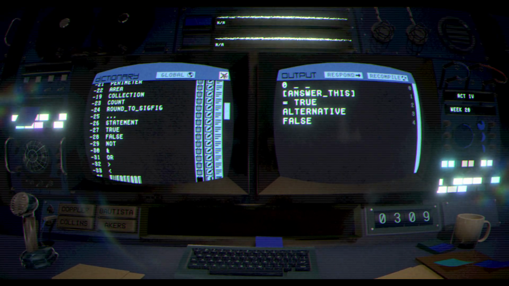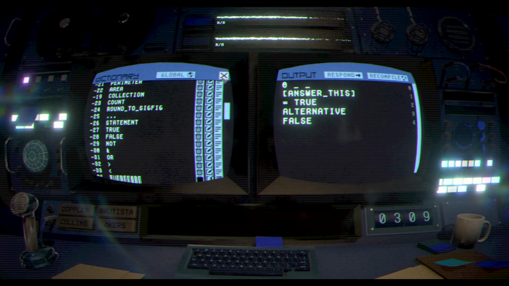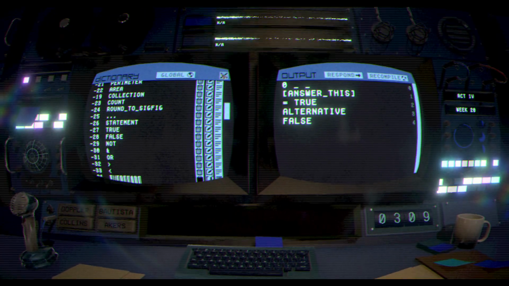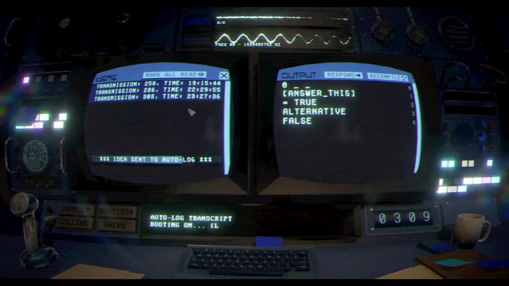Maybe something with a conditional not? I'm stumped on this one.